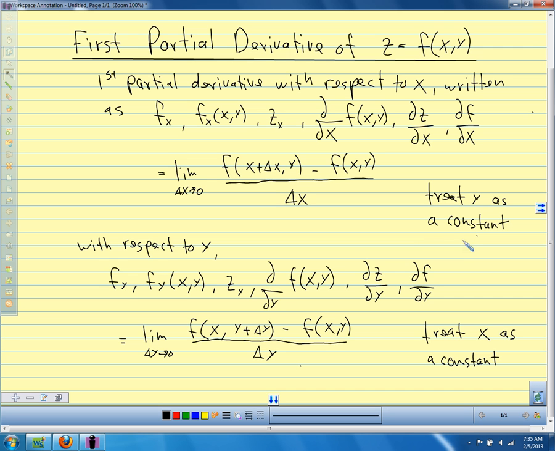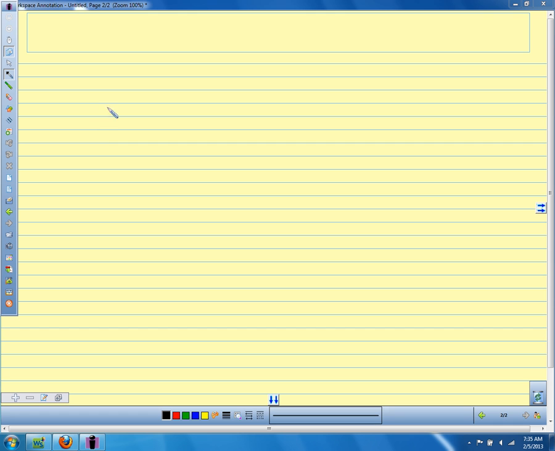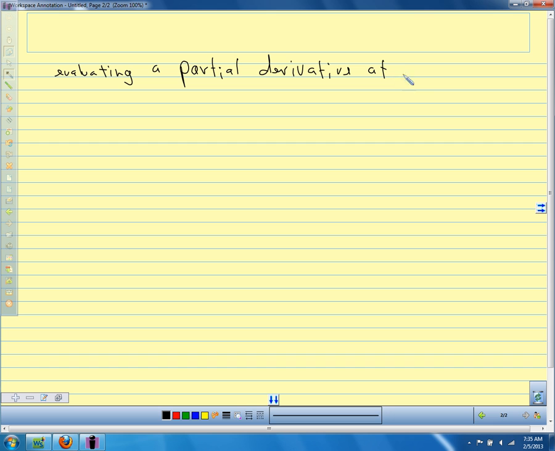All right, when we evaluate our derivative at a point, just again some more notation. When we evaluate our derivative at a point, we'll say x0, y0.